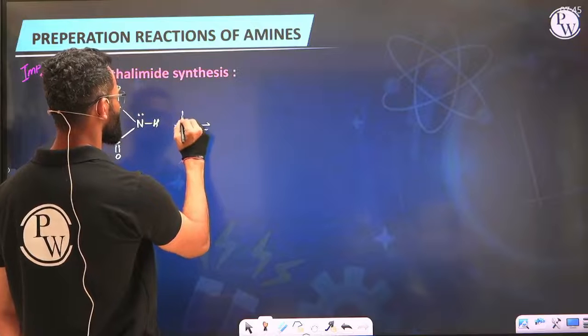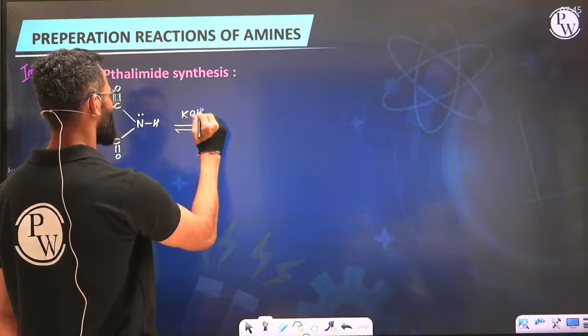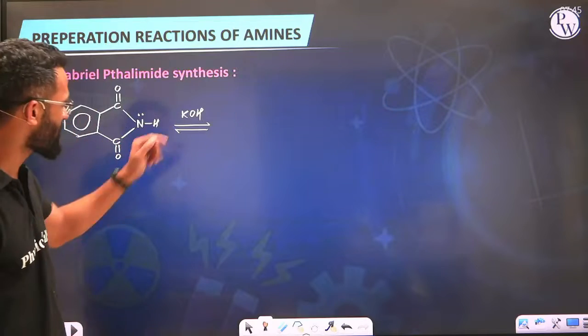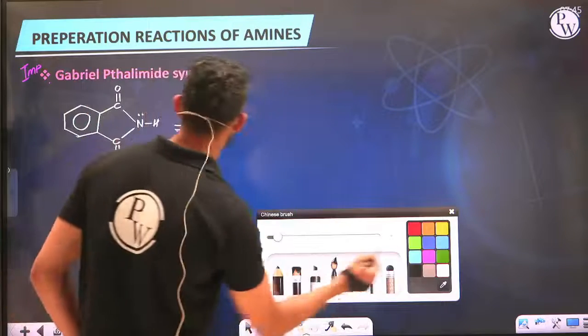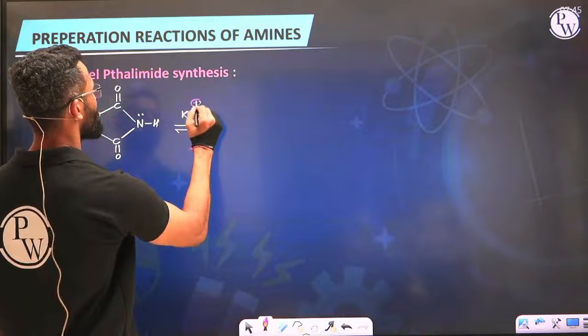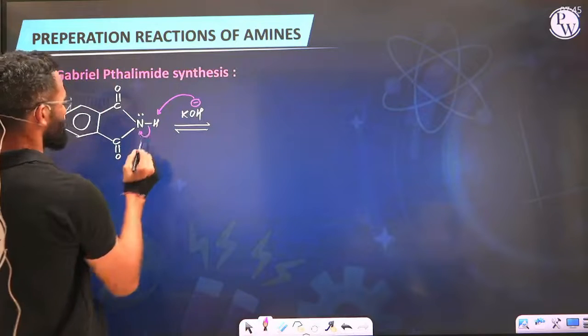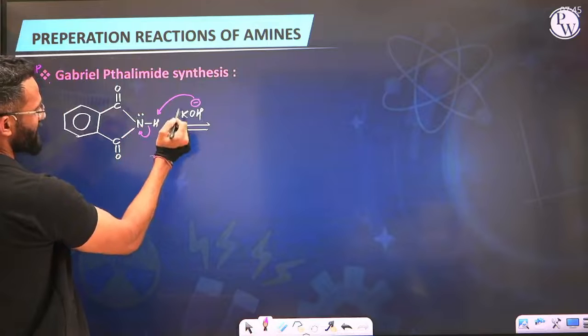This phthalimide is treated with a base, let's say KOH. This phthalimide is found to be quite acidic, hence we allow it to react with KOH. KOH, being a base, will attack the protic H. The bond pair will go back to give you N minus, which is balanced by K plus.